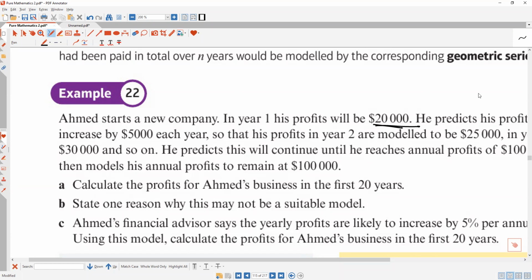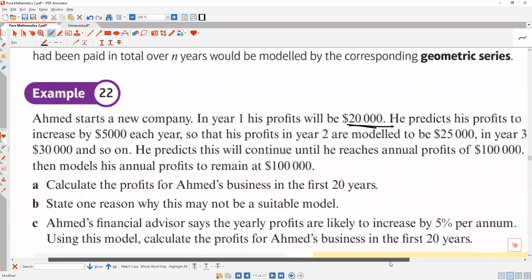Now he predicts his profit to increase 5,000 every year. 5,000 every year, meaning in the first year his profit will be 20,000 in the first year of business, and every year his profit will increase by 5,000. So if today it is 20,000, tomorrow it will be 25,000.